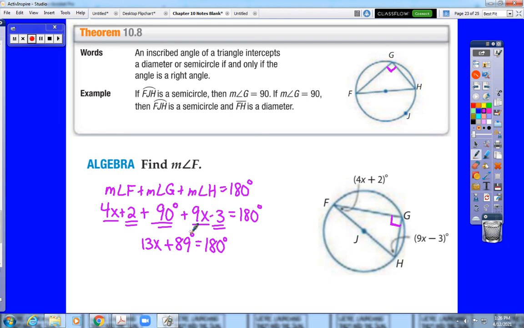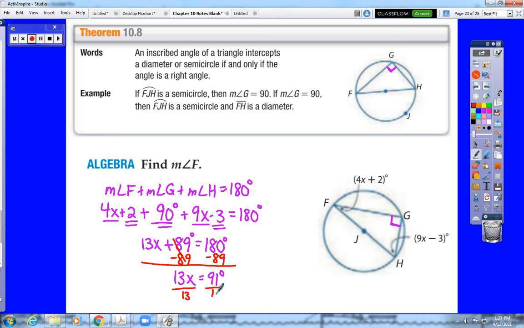We subtract 89 from each side. Which gives us 13x equals 91. And then we divide by 13 and we get x equals 7.